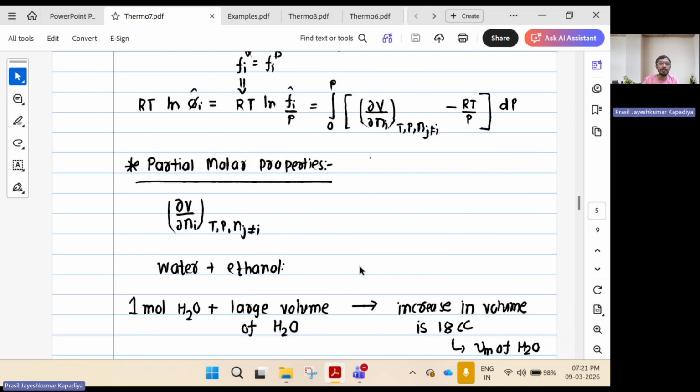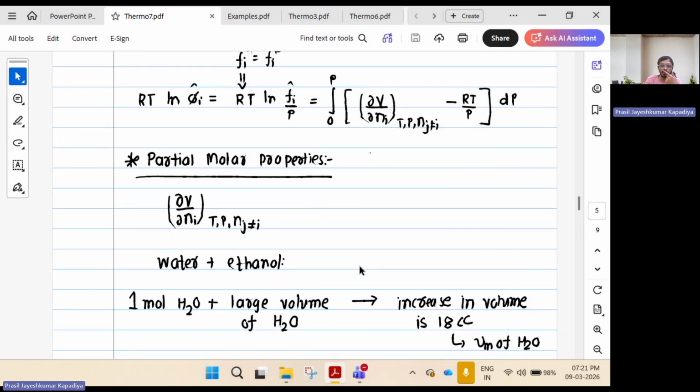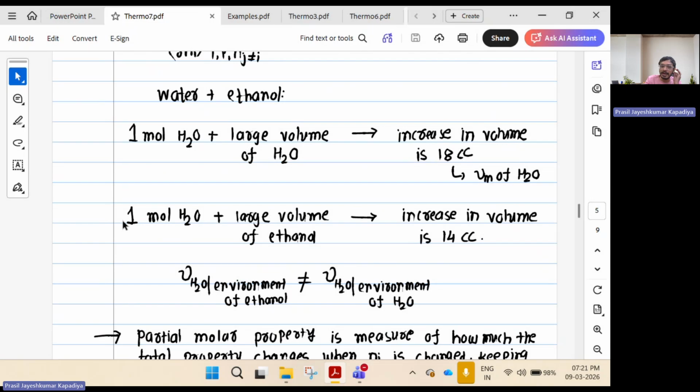So from there we moved to partial molar properties, where we see that a very easy way to understand it is when we add 1 mole of water into a very large volume of water, the volume increase is 18 cc, which corresponds to the partial molar volume of water. But when I add 1 mole of water into a very large volume of ethanol, the increase in volume is little.